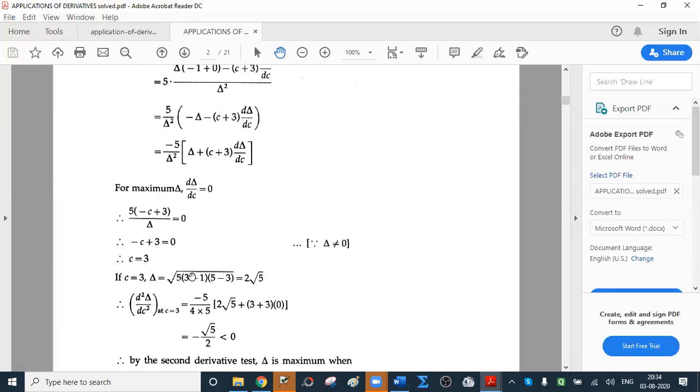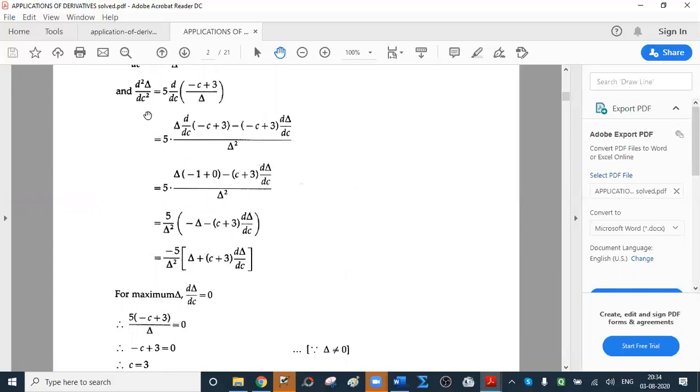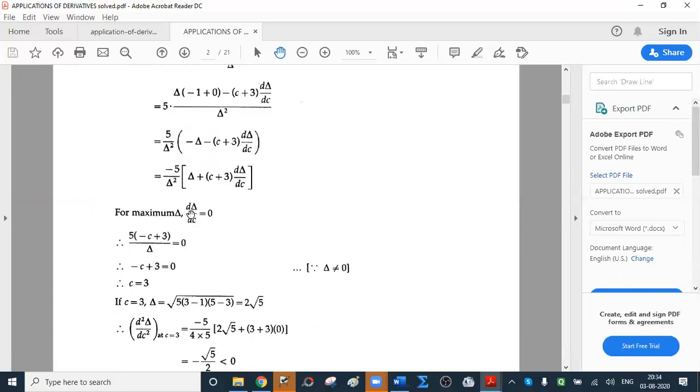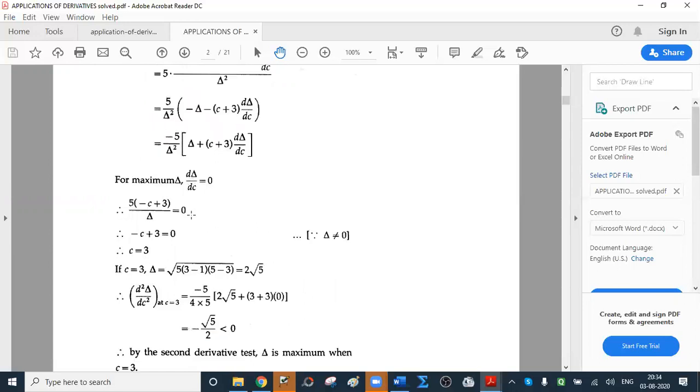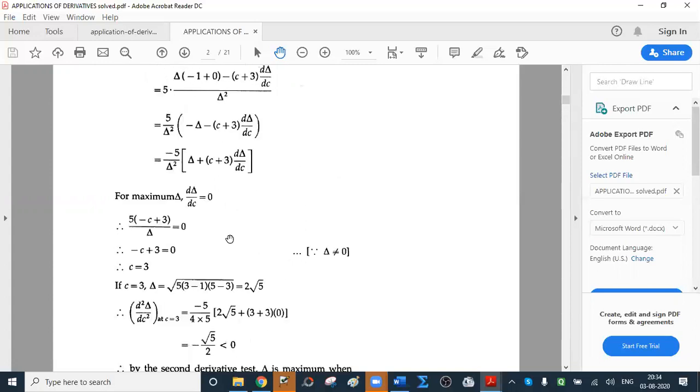Now when c is 3, what is delta? It comes out to be 2 root 5. So tell me, what is second derivative? See, d2 delta by dc square is minus 5 upon delta square. But delta is 2 root 5. So minus 5 upon root 4 into 5 into in bracket delta, which is 2 root 5 plus 3 into 0.